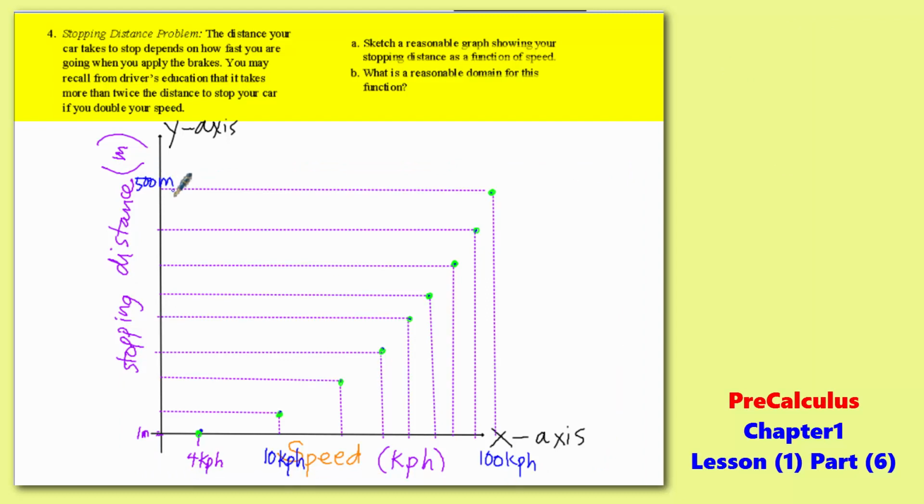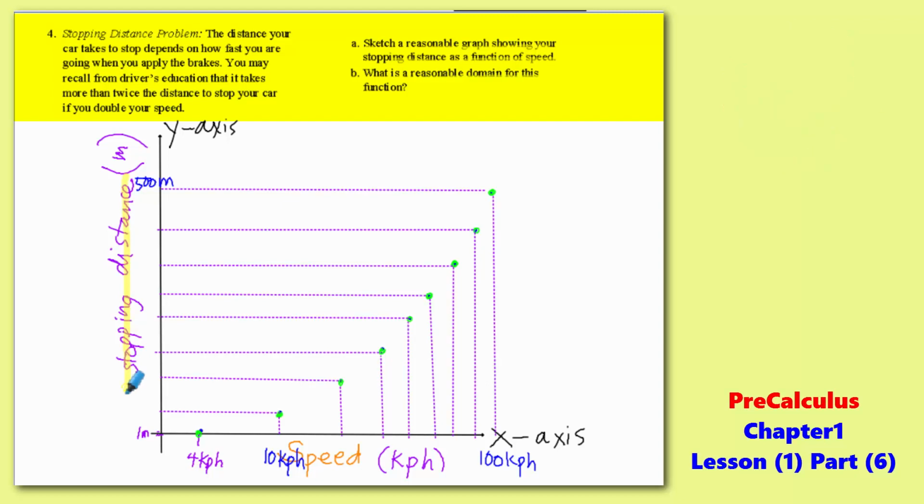So as you can see, as you increase the speed of your car, the braking distance, or the stopping distance in other terms, would also follow a corresponding exponential.